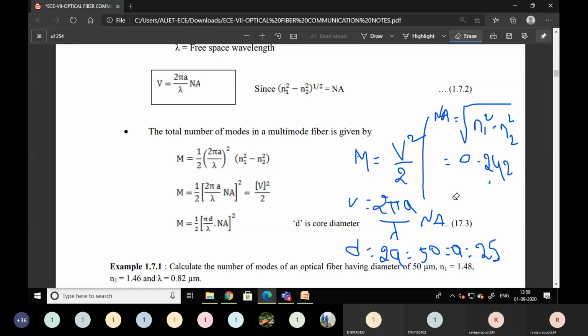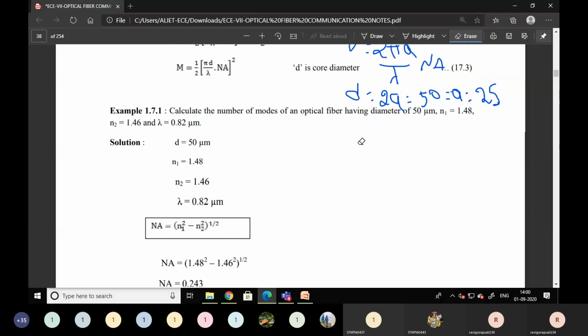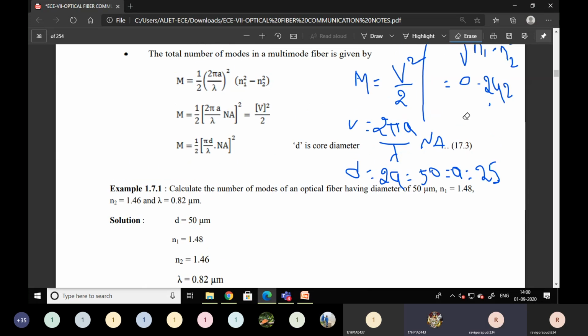The NA value. 0.243 came, sir. So you'll get 0.243. Yes, 0.243 is the right answer.